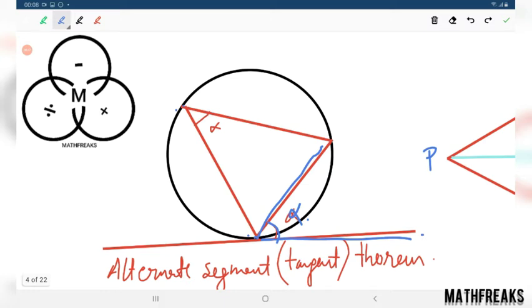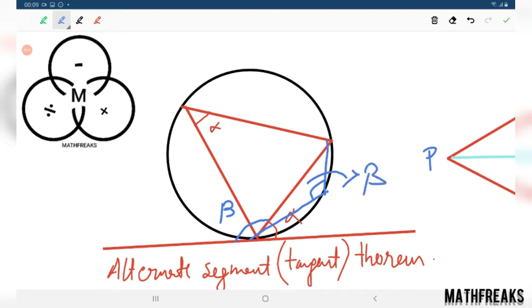That is, if the angle between this part is beta, then the angle subtended at this segment will also be beta. From this we can have alpha plus beta equals pi. The angle between chord and tangent is equal to the angle subtended by the chord in the alternate segment.